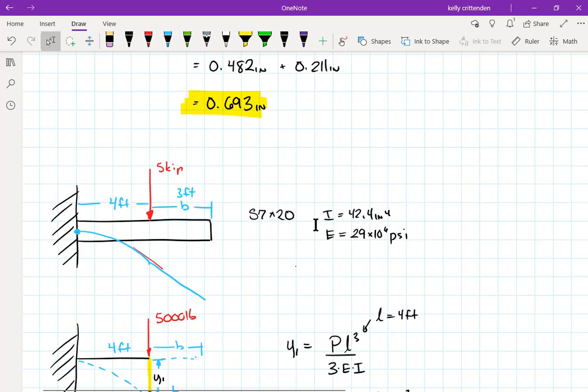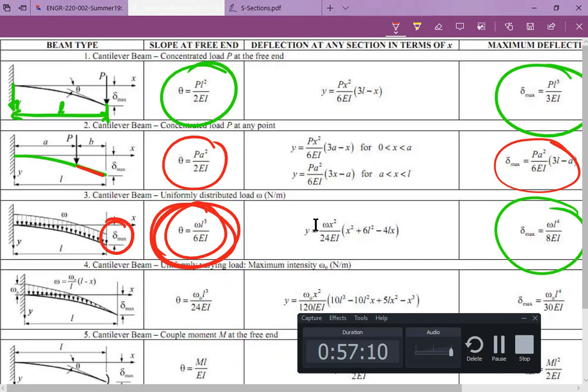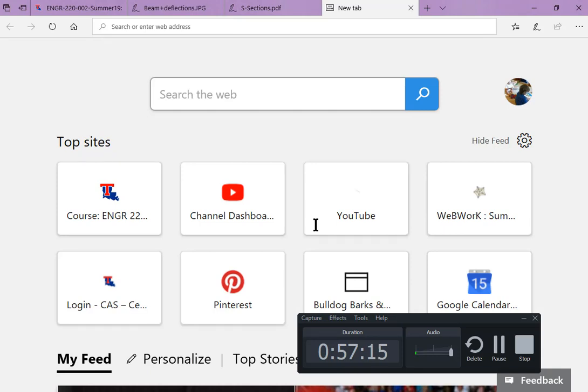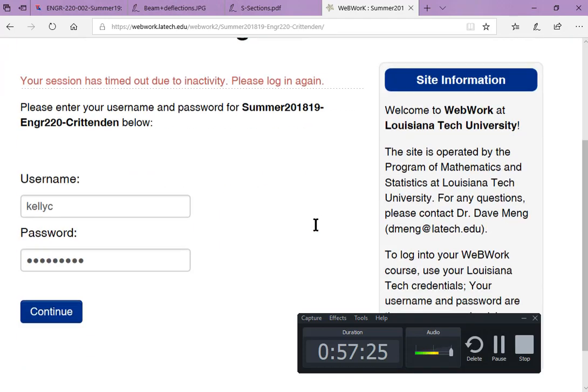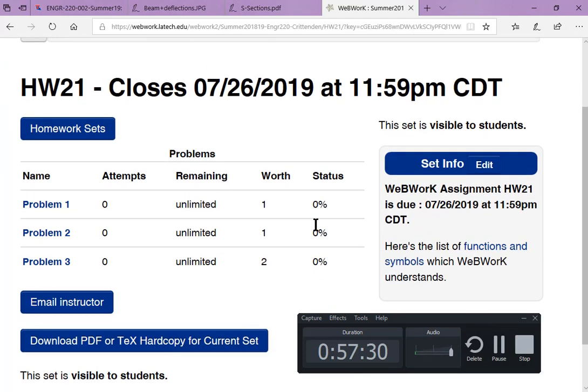Homework 21. Oh, they're out of, okay, all right. A sphere. Which problem?